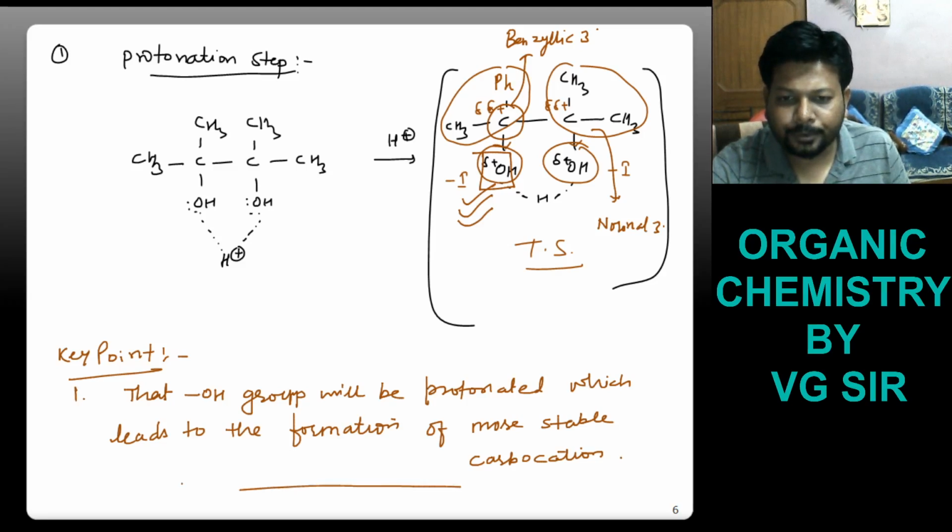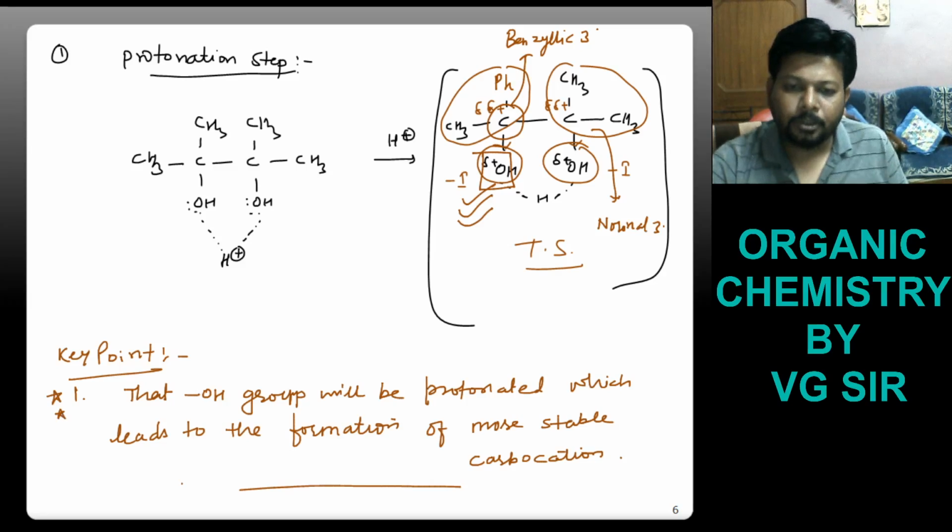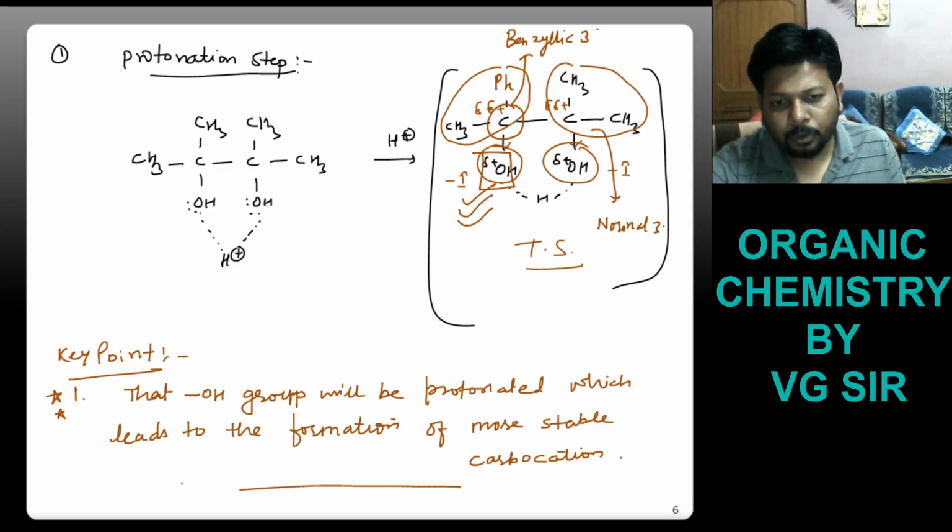Very important. So if you have a molecule, a diol or a pinacol, in which the substituents are different, then first of all you have to protonate that OH group which will generate the more stable carbocation. Is that clear? So this is the first key point.